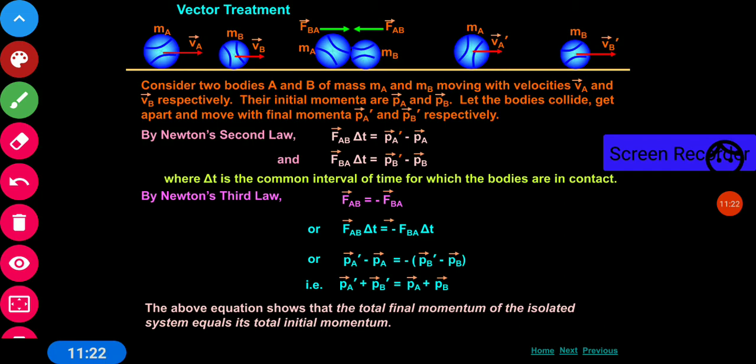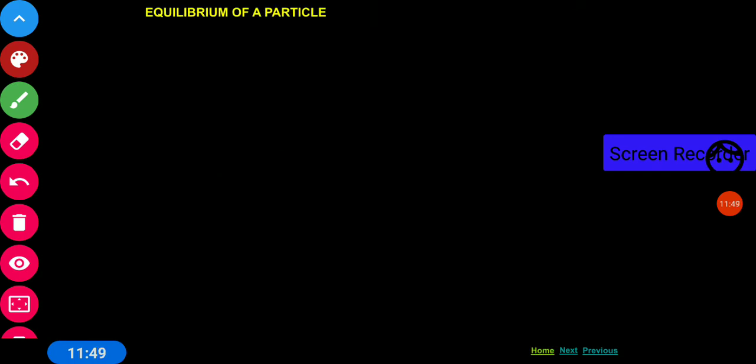So the total final momentum of an isolated system equals its total initial momentum. If no external force is acting on the system, then the total initial momentum and the total final momentum remain conserved. This is true for elastic as well as inelastic collisions.